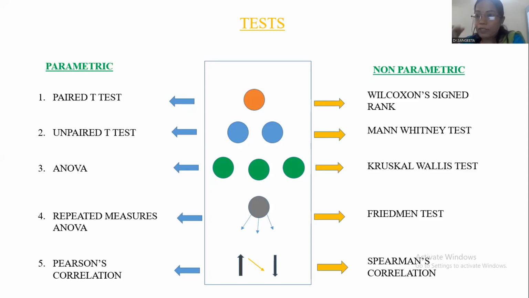So this type of study where you have two groups, in parametric you have to use your unpaired t-test, and under non-parametric you're supposed to use your Mann-Whitney test. Clear? Under G power, it is under the name of Wilcoxon only, but the only difference is dependent group or independent group. So you can call Mann-Whitney the Wilcoxon test for independent groups, because both the groups are independent of each other.